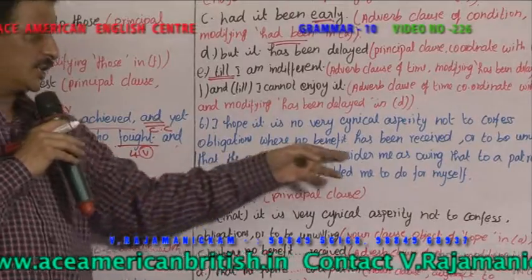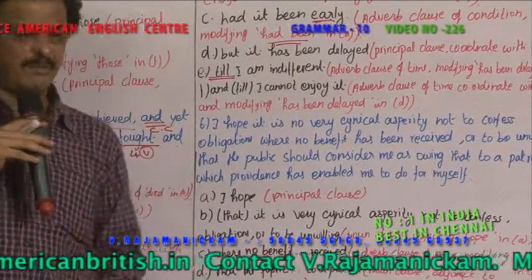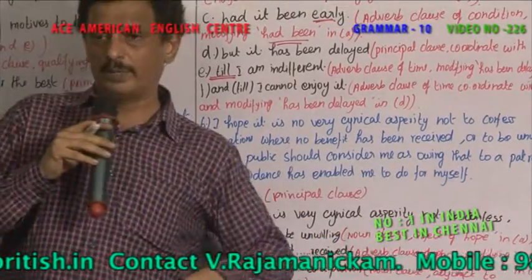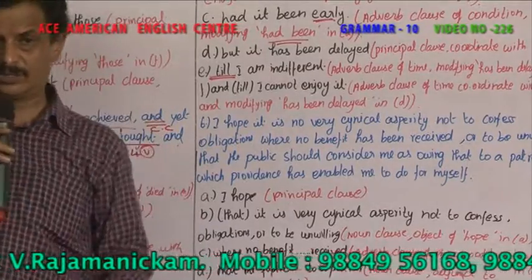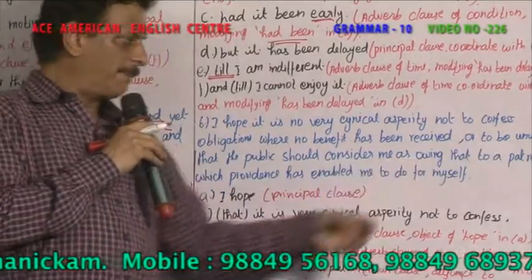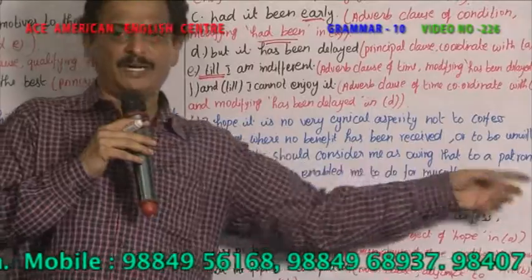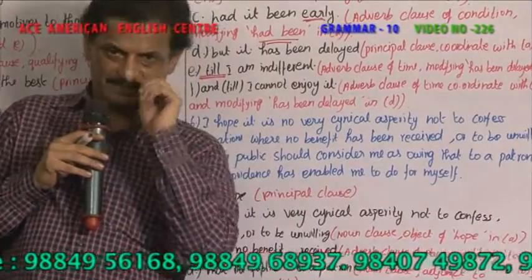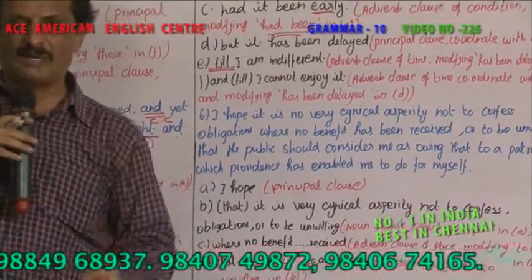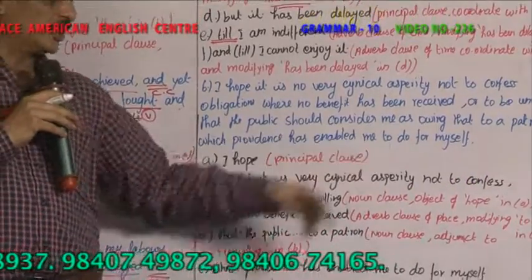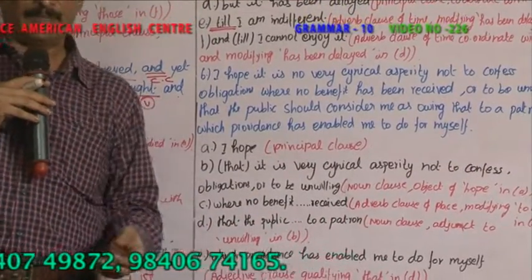Owing means what? I borrow 1,000 rupees from you, I have to give it back to you. It is called owing. Who is a patron? Anybody who helps others is a patron, right? And providence means God. God has enabled me to do for myself.